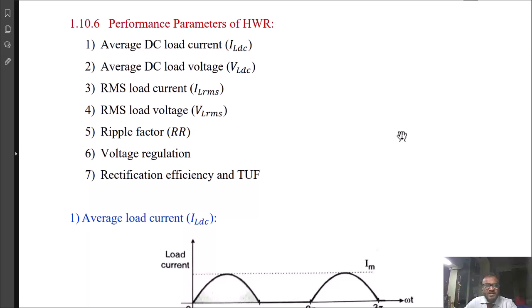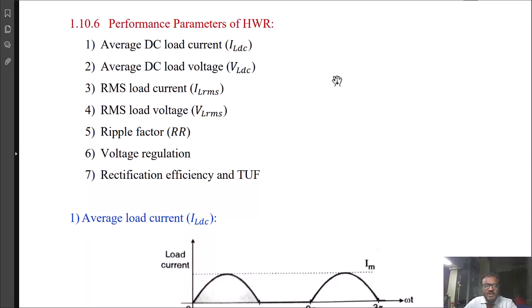Third is the RMS load current ILRMS. Fourth is the RMS load voltage VLRMS. Fifth is the ripple factor. If we know the first four parameters, then the ripple factor is just a definition in terms of them, and we substitute the derived equations from points 1 to 4 to get the ripple factor equation.